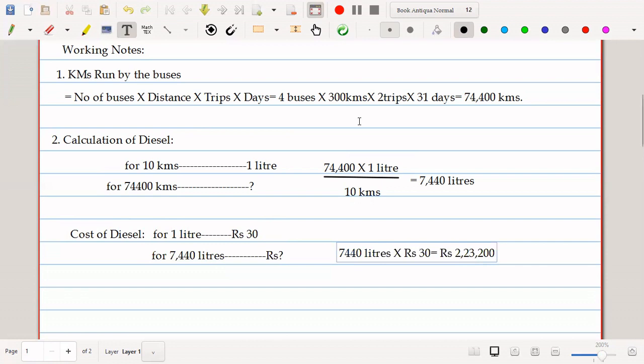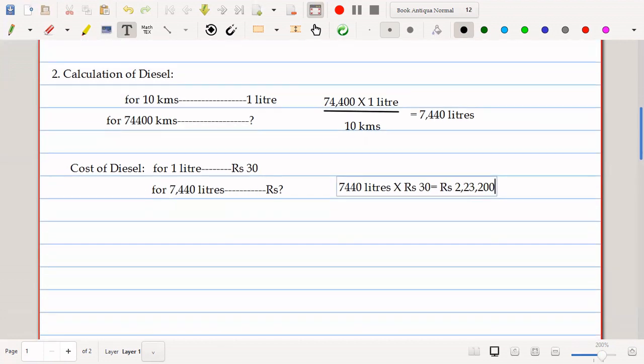First, we have to calculate total kilometers run by the buses, then how many liters are required for so many kilometers, and what will be the cost of the diesel. And the next working note, the third one, is replacement of tires and tubes.